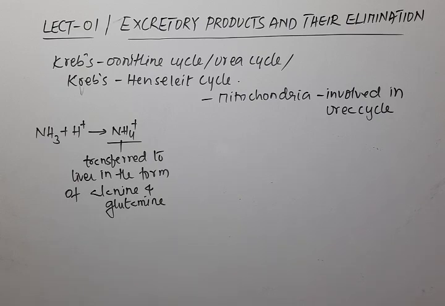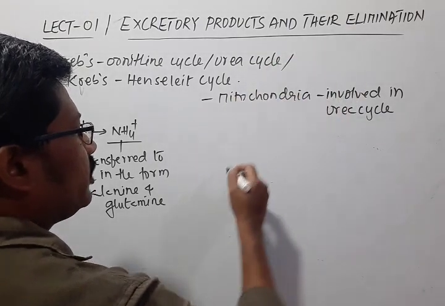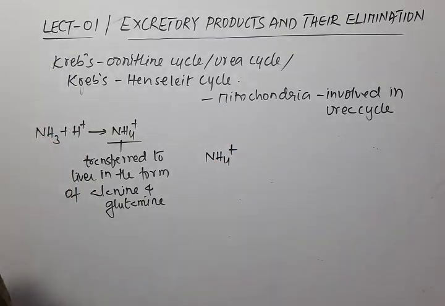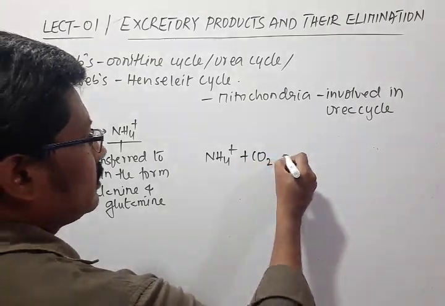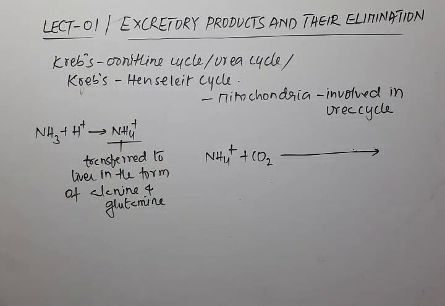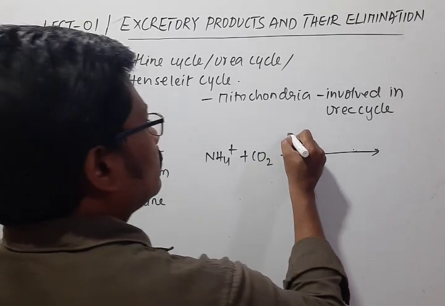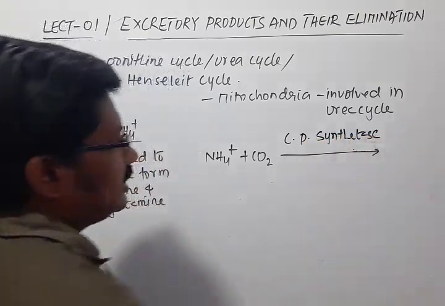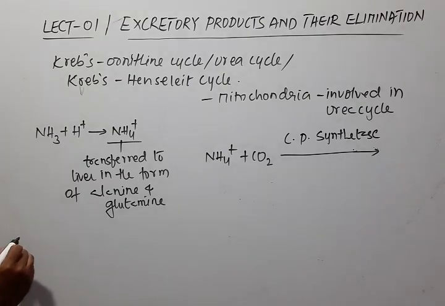Now this released ammonium will enter into the mitochondria and combine with carbon dioxide. I'm giving a brief idea about the urea cycle, and this will be catalyzed by an enzyme called carbamyl phosphate synthetase, CP synthetase in short.